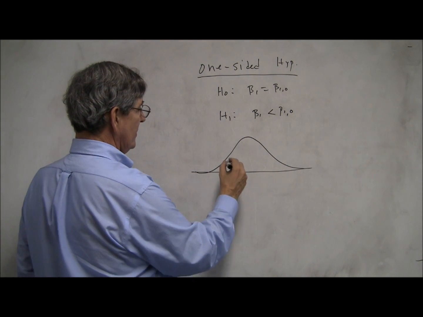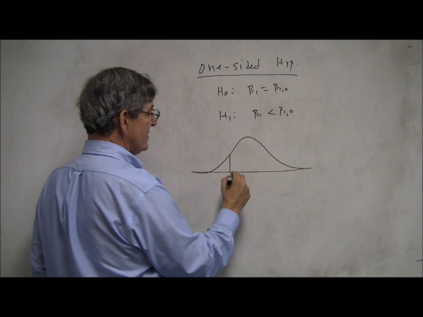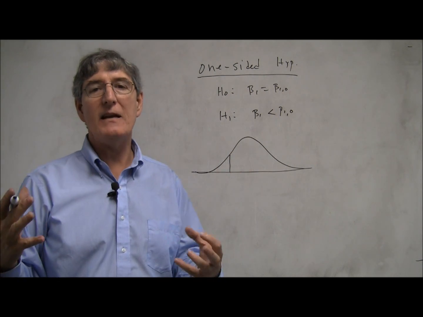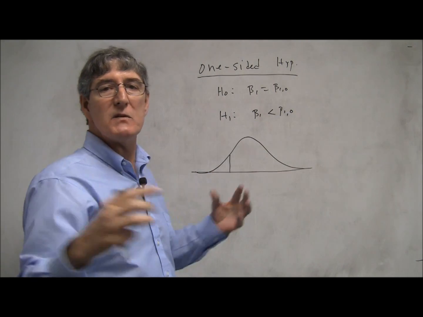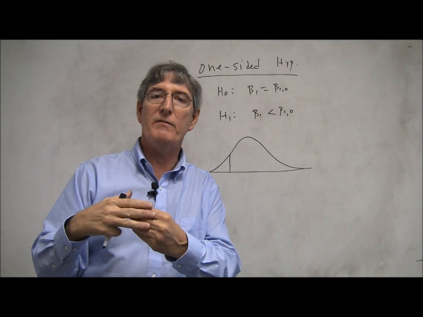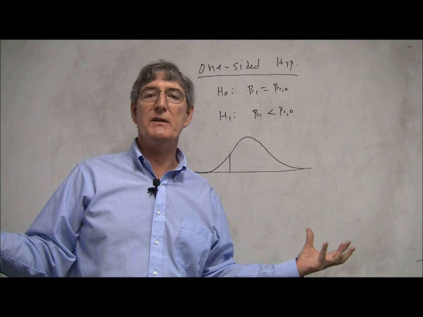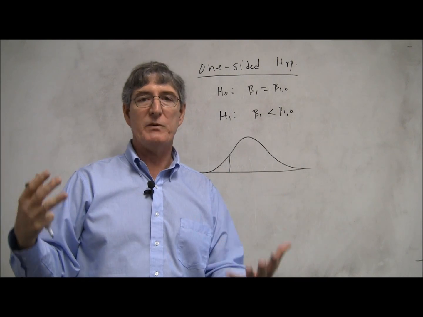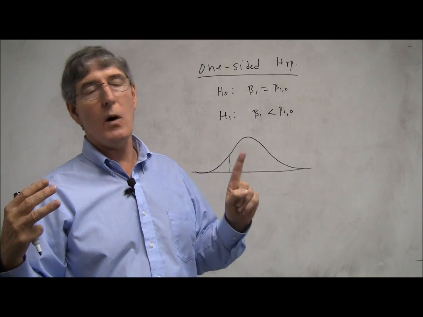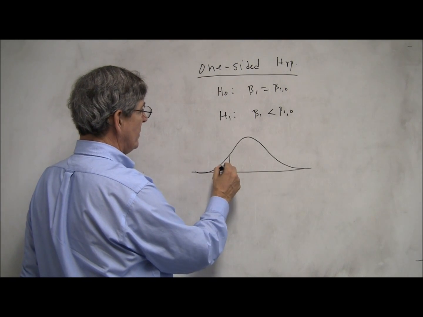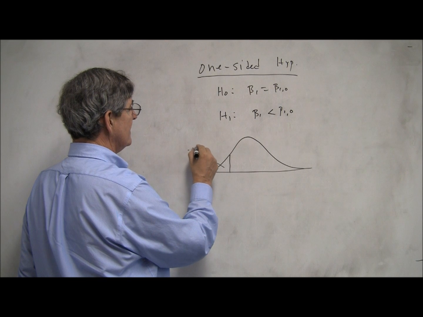With a two-tailed test at a 5% level of significance, we put 0.025 in both tails because we want the total to be 5%. That's the rejection region; we want it to be a 5% region. If we do a 5% level of significance in a one-tailed test, then we're going to put 5% into here.